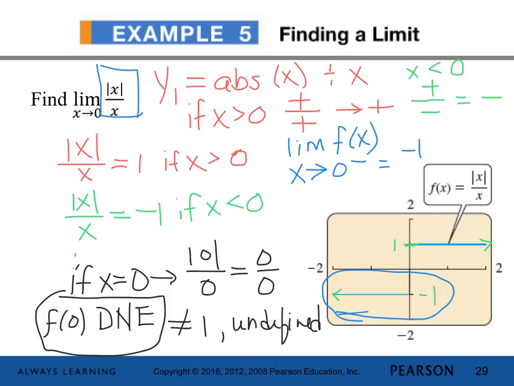But the limit of f of x, and again, f of x is this function up here, as x approaches 0 from the positive side, which is this side, approaching this direction, is going to be positive 1.